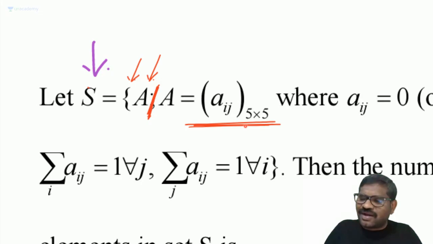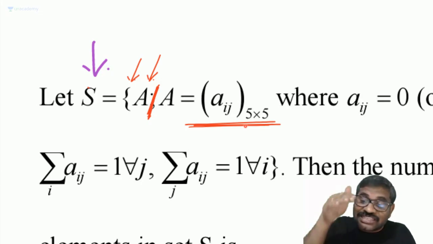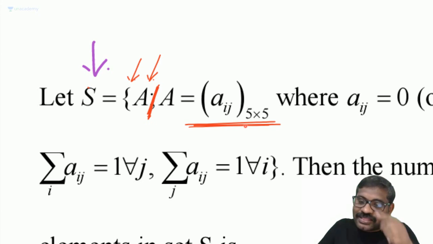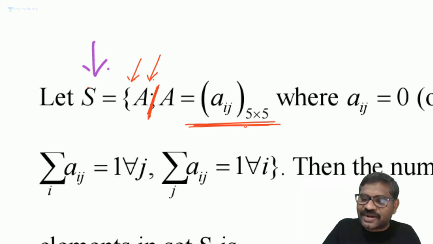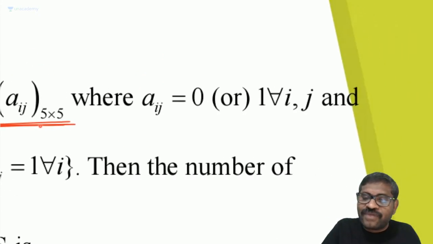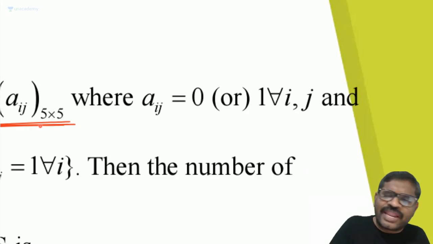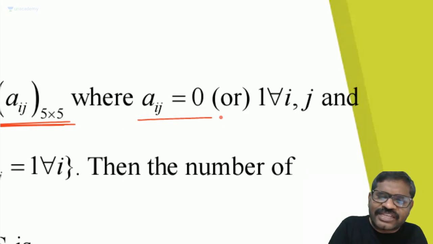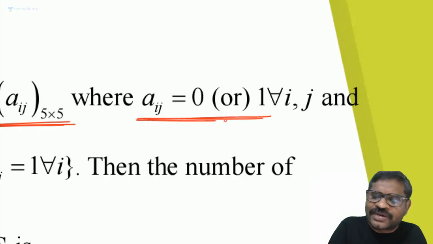Sir, for the set of all 5 cross 5 matrices, what are the entries of the matrix? That point also he has discussed here. Every entry of the matrix is either 0 or 1, for all. This is the symbol for all.